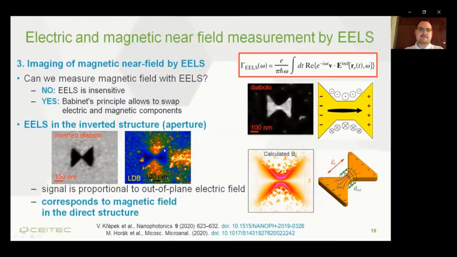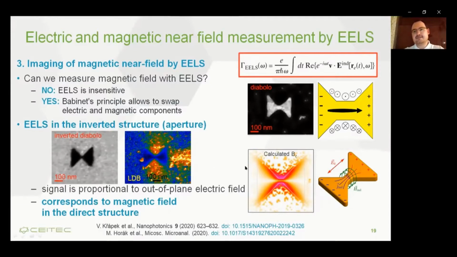We do the same, so we record an EELS map, which is energy filtered at the energy of the first mode, and this signal is proportional to the out-of-plane electric field of the aperture, and this corresponds to the magnetic field in the direct structure.